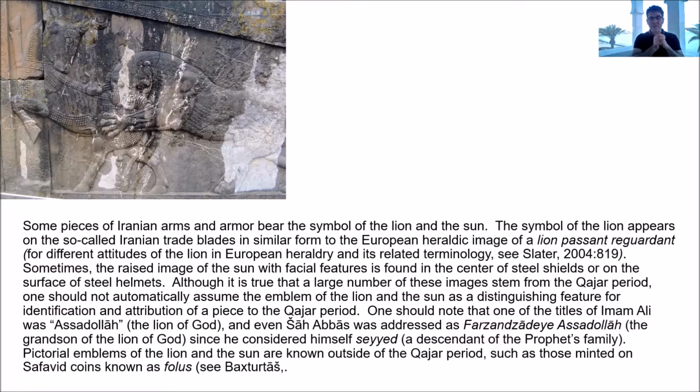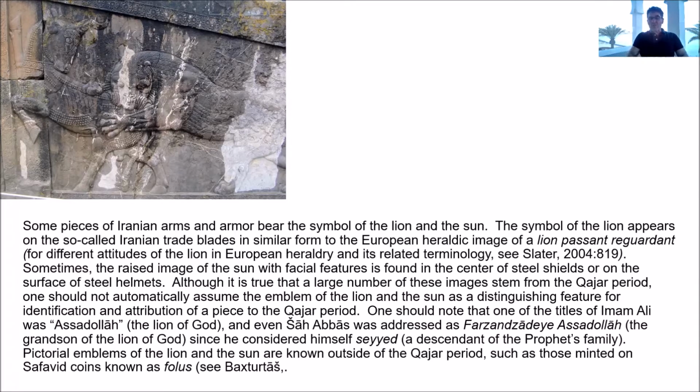Sometimes this lion is alone, and sometimes it is combined with the symbol of the sun. Sometimes the raised image of the sun with facial features is found in the center of steel shields or on the surface of steel helmets, from the Qajar period specifically.